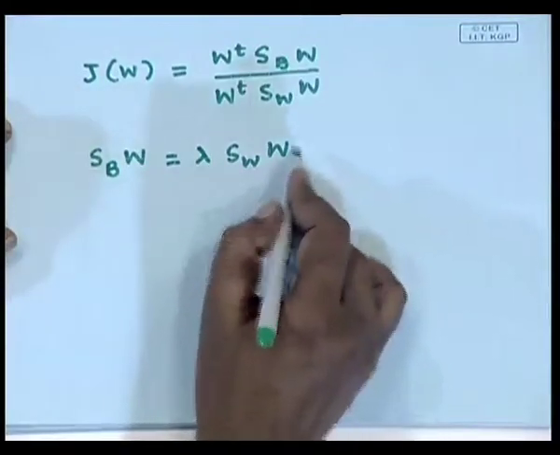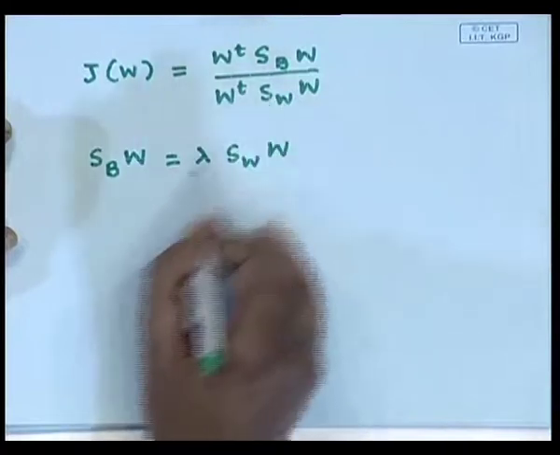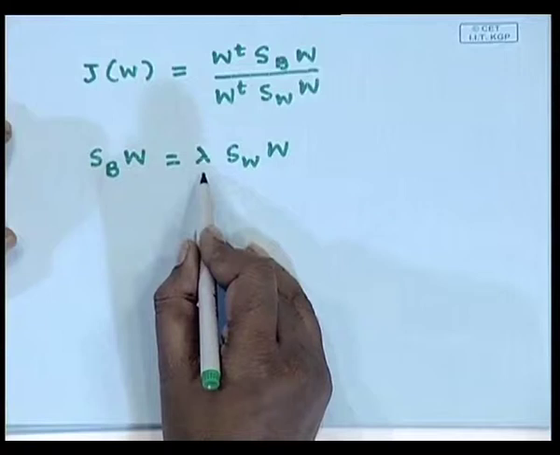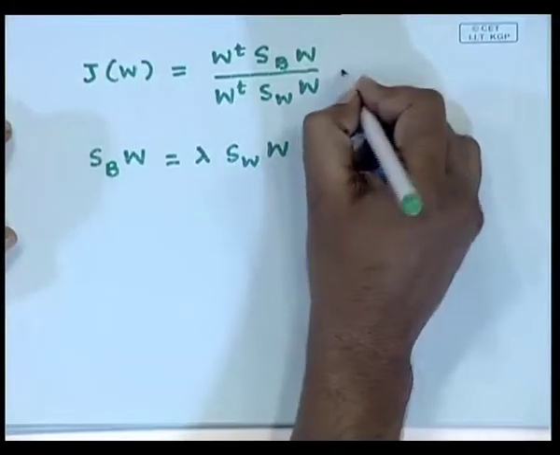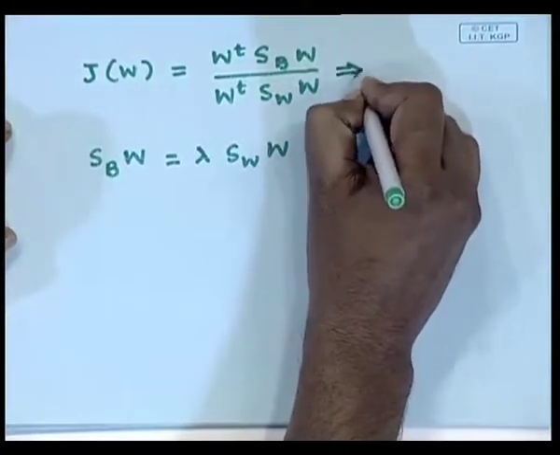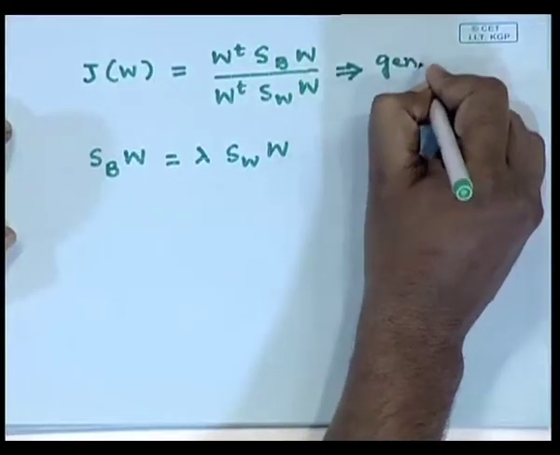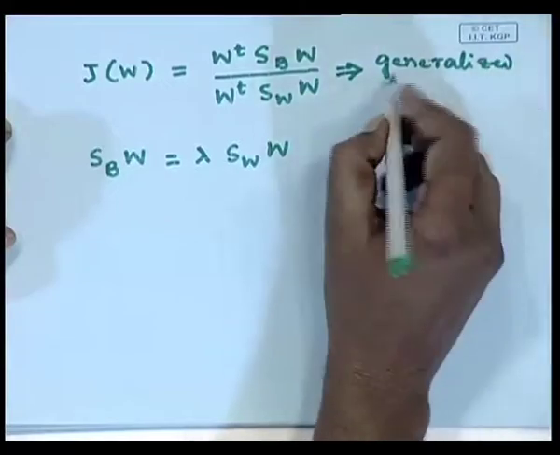This ratio is known as the generalized Rayleigh coefficient.